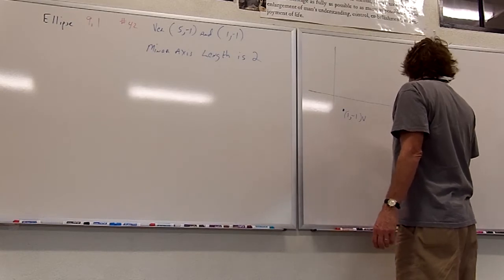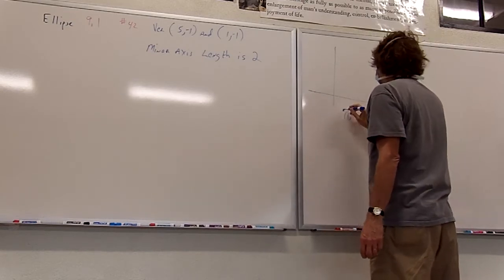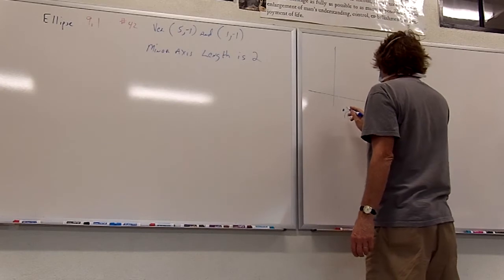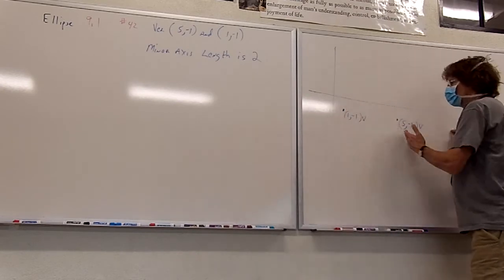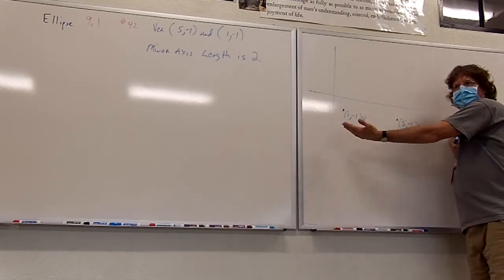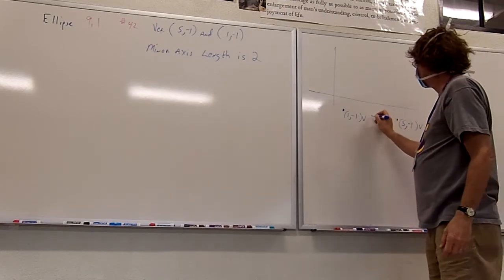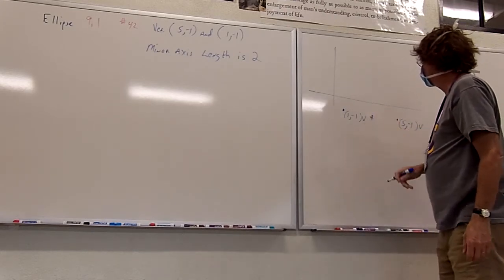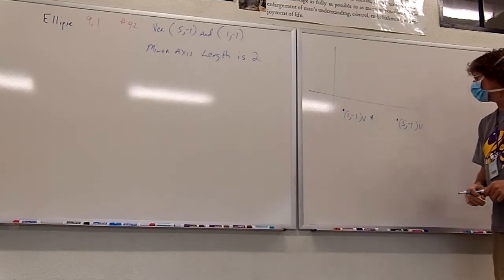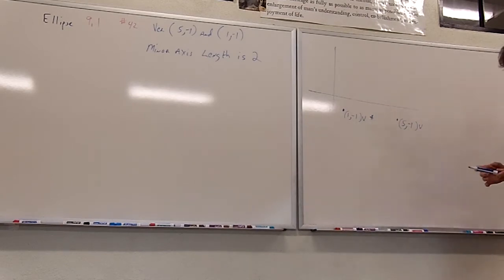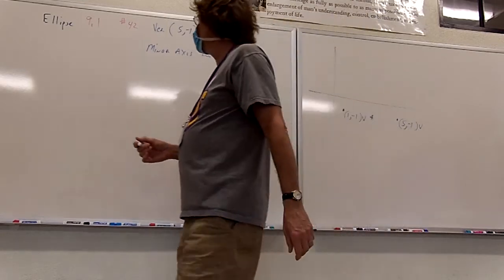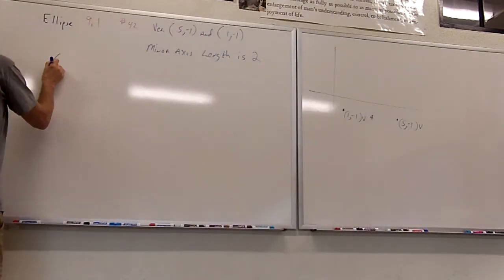Now, if these are the vertices, then it has to be longer left to right. Does everybody agree it's got to be longer left to right? Okay. There's going to have to be a center right there. I didn't do what I told y'all to do. I go over here and make my fill in the blanks.